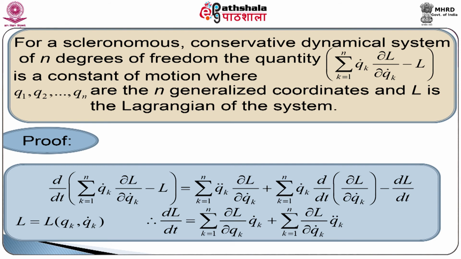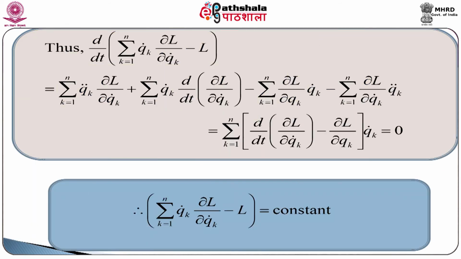Now, if we substitute the expression for d/dt of L in the previous equation, we get d/dt of summation over k qk dot ∂L/∂qk dot minus L equal to summation over k qk double dot ∂L/∂qk dot plus summation over k qk dot into d/dt of ∂L/∂qk dot.